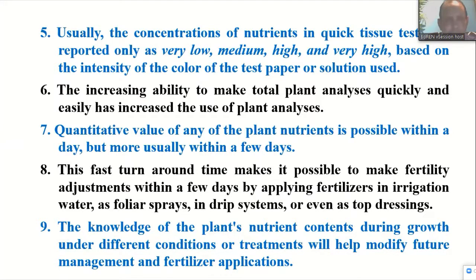So this quantitative value, for example, whether plant nutrients are low, medium, or high, this kind of test can be done within a short time.